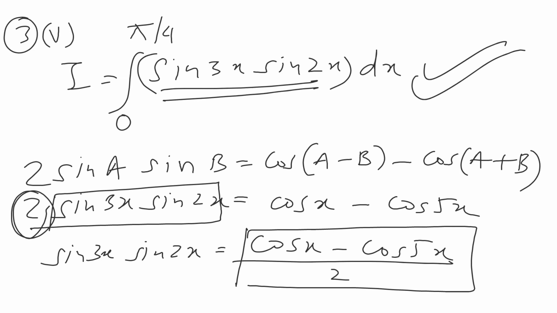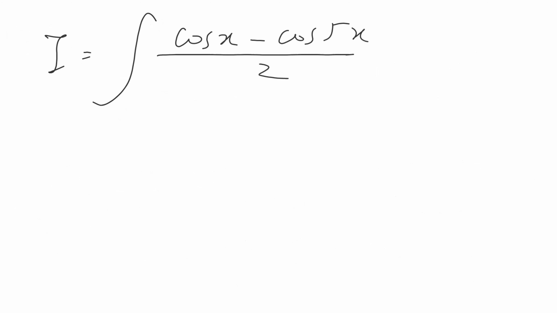So this can be written as integration of cos x minus cos 5x by 2, 0 down, and at the top we are having pi by 4.